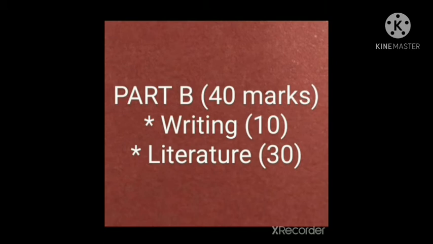So part B means subjective type questions, means you have to write in detail, not a one word question, not choose the correct answer, but you have to write in sentences. So that is part B, and it contains writing and literature.